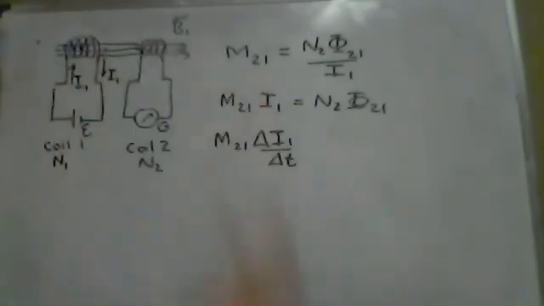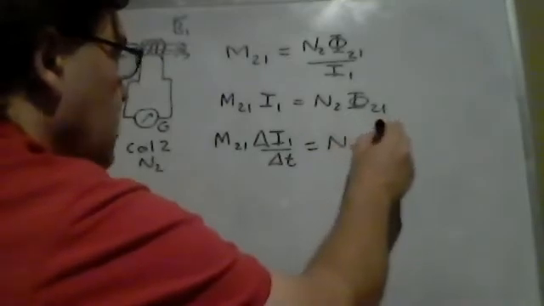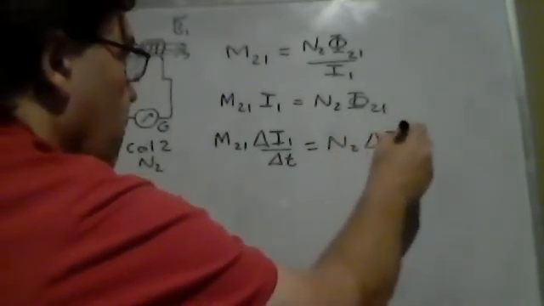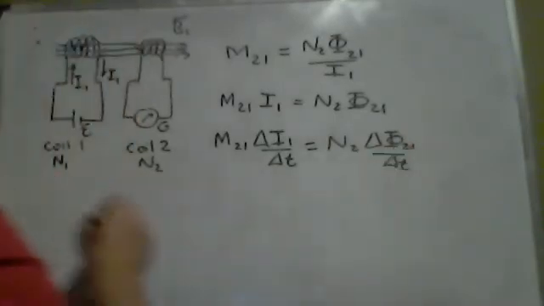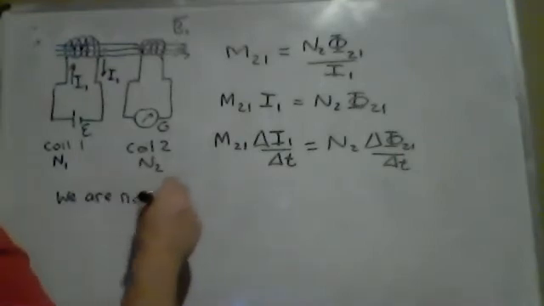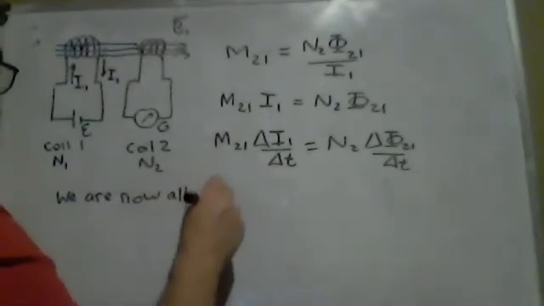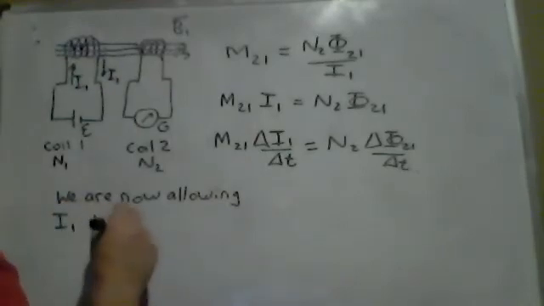If I1 varies in time, that's going to be given as N2 times delta B21 with respect to t. Again, we're now allowing I1 to vary with time.